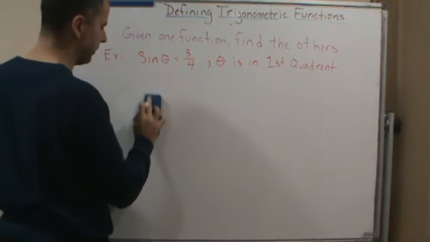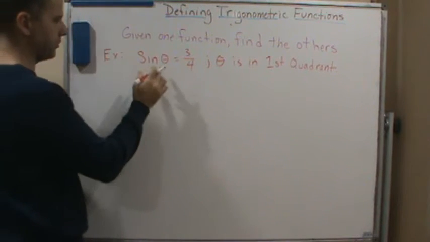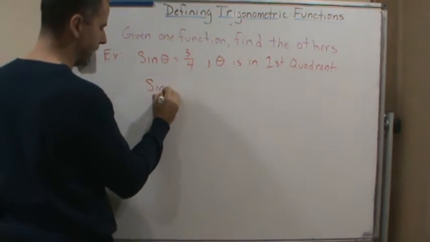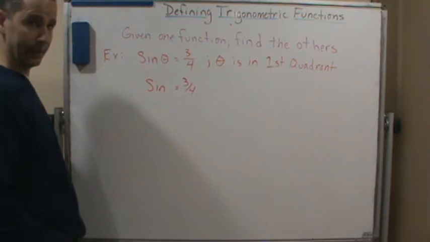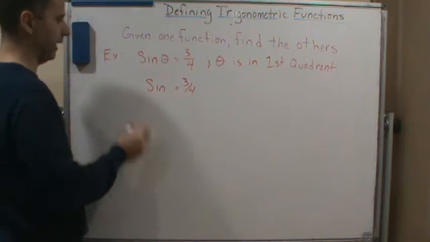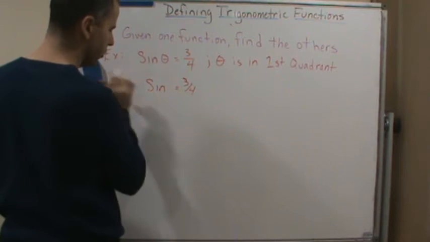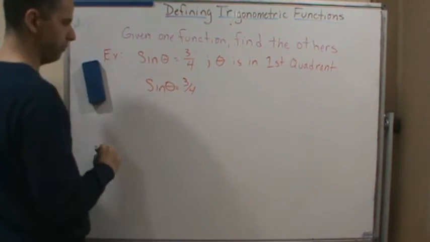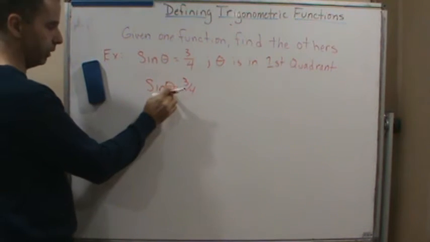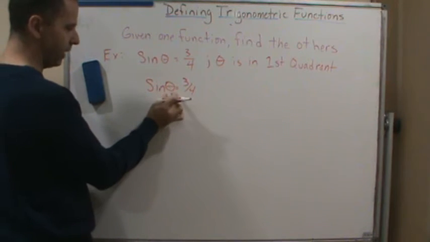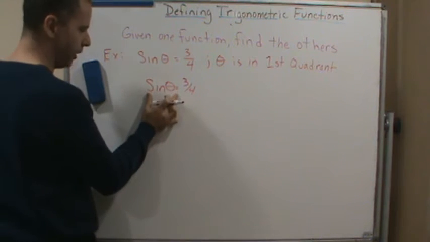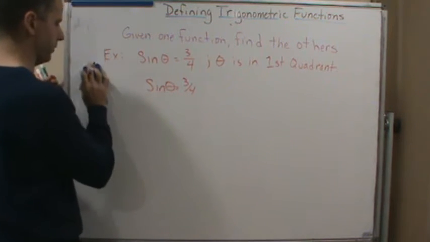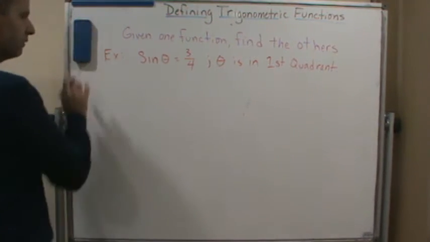So we can't drop the theta from our answer. We can't write sine equals 3/4. That would be incorrect. That would make no sense. So don't drop the theta. It's important. That's the variable. You're taking the sine of the variable theta, and that function gives you 3/4.